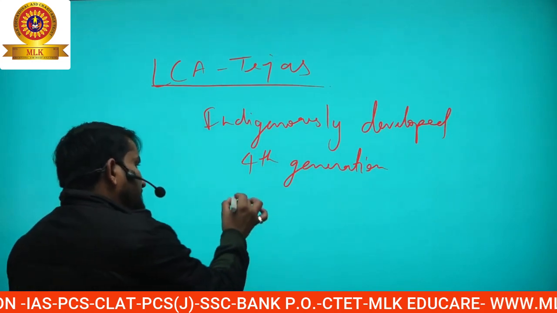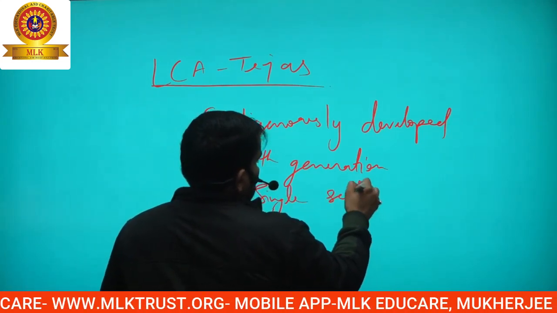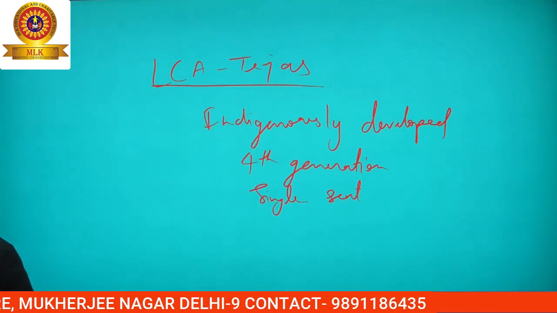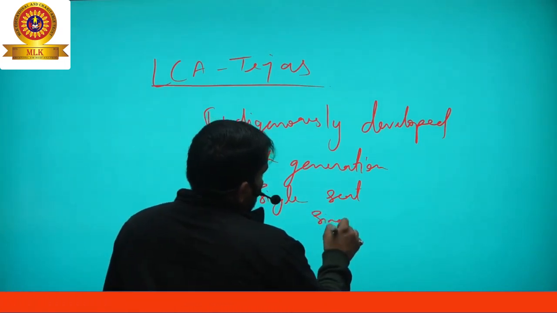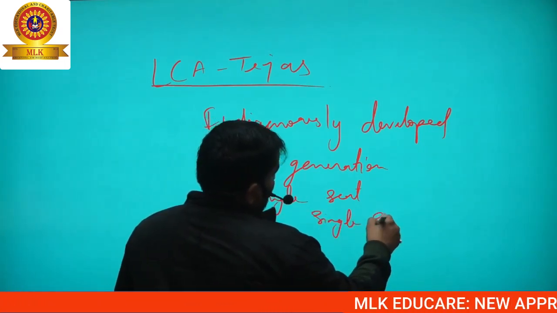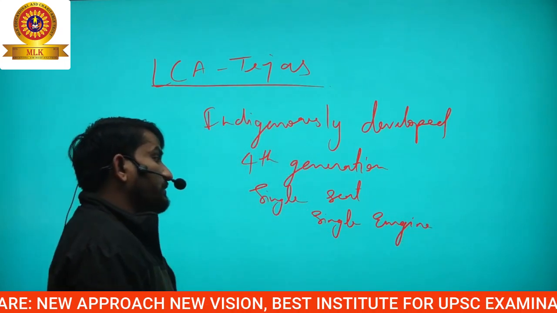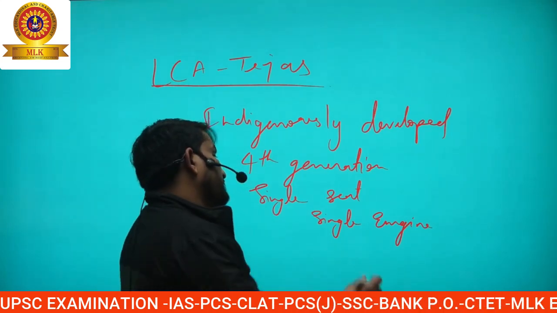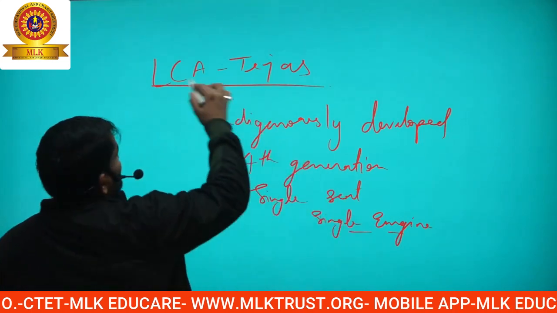Single seated means at a time only one pilot is allowed. Single seated, single engine. It is obvious that if it had a double engine, it would get heavier. If we use a double engine, it will become very heavy, so we will not consider it under the LCA.